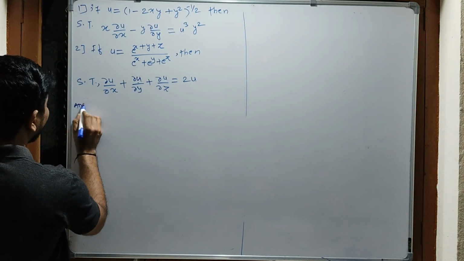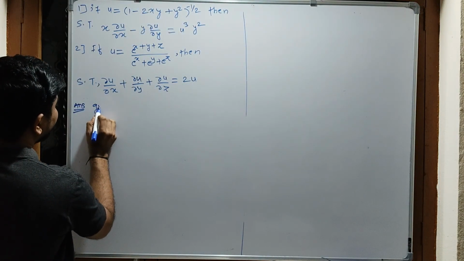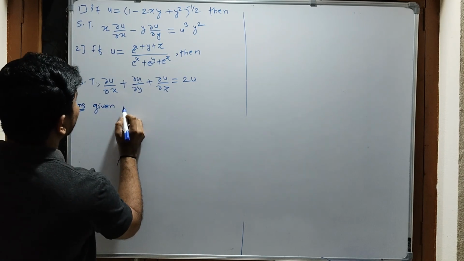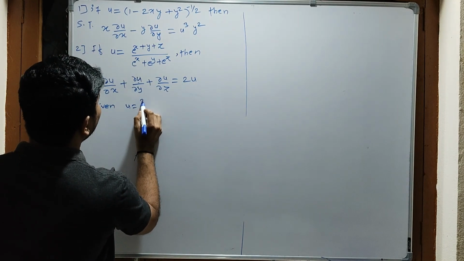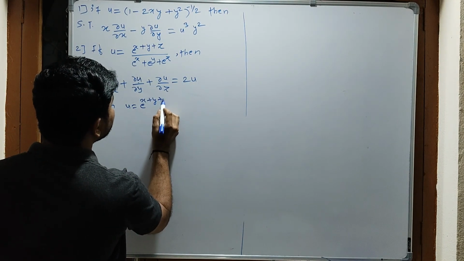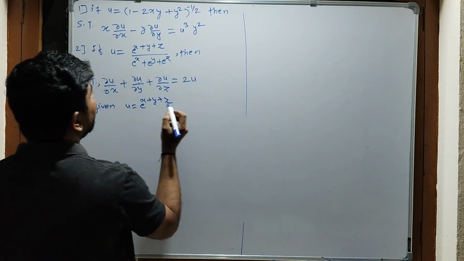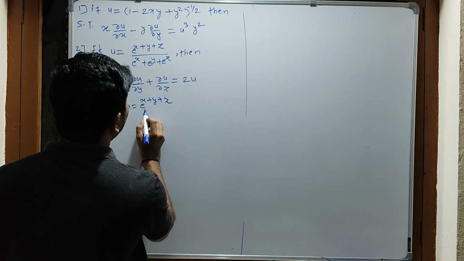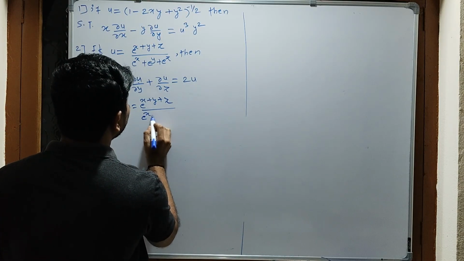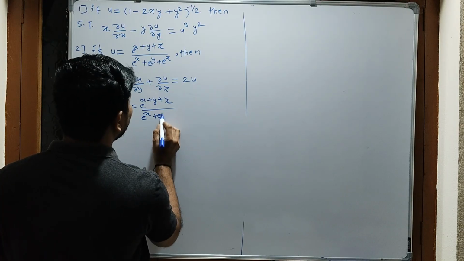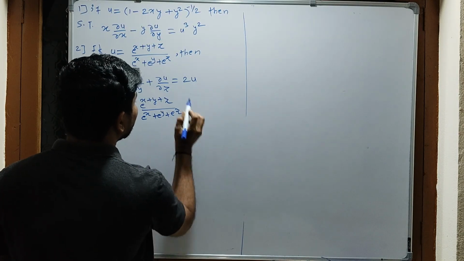So here this is answer for 2. Given first try the given information, u equal to e to the power x plus y plus z, divided by e to the power x plus e to the power y plus e to the power z.